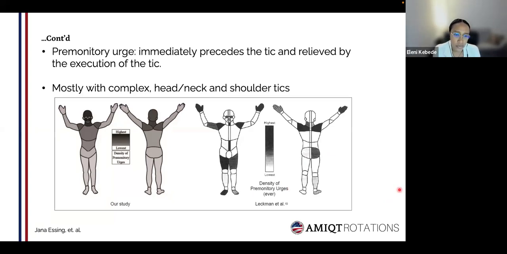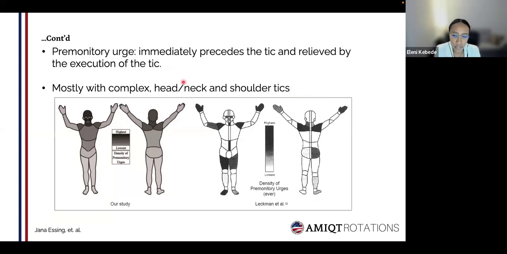One reason for it is that assuming this urge, or knowing this perception and associating it with the tic, might take time, especially for children. And when they reach adolescent age, about 90% of them report they have this urge. One importance of this urge is it can help us differentiate from functional tics, because it's usually seen in pathological tics rather than functional.